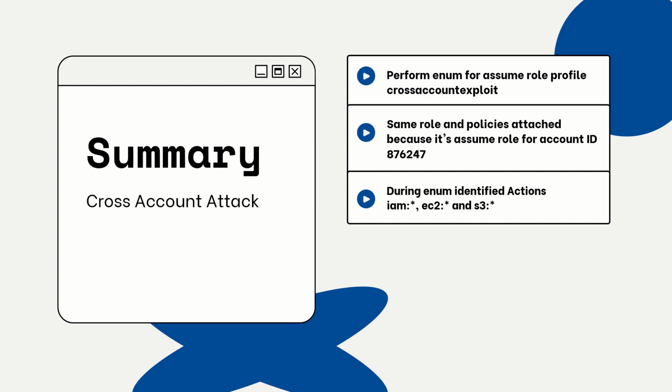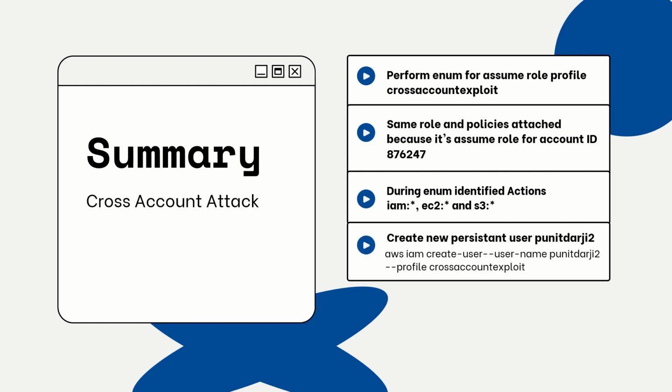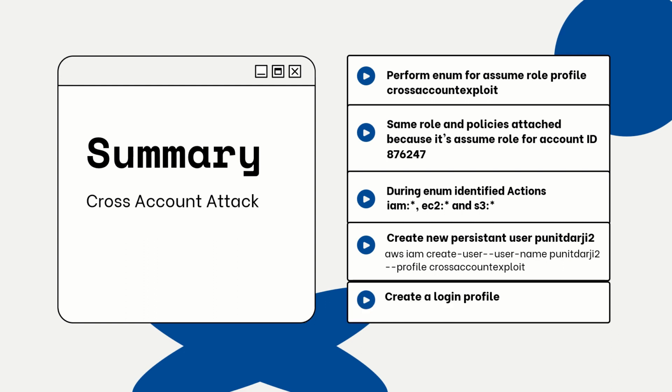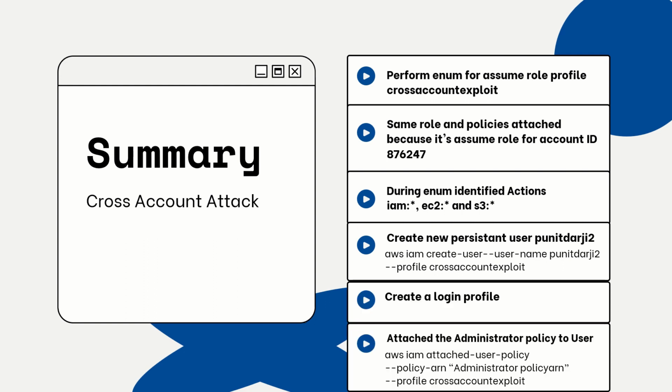So we created a persistent user Puneet Darji 2 and attached the administrator policy. This is how we are able to perform the AWS cross-account attack, and we performed almost 15 to 16 steps to perform the cross-account attack.